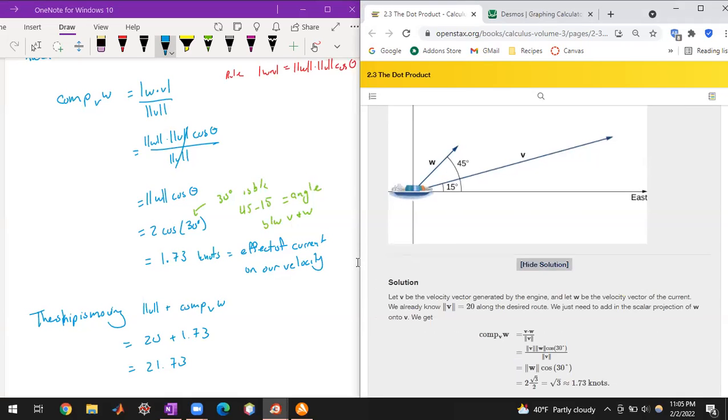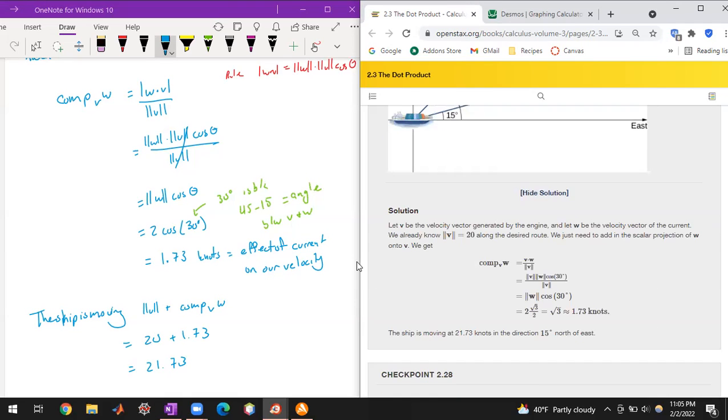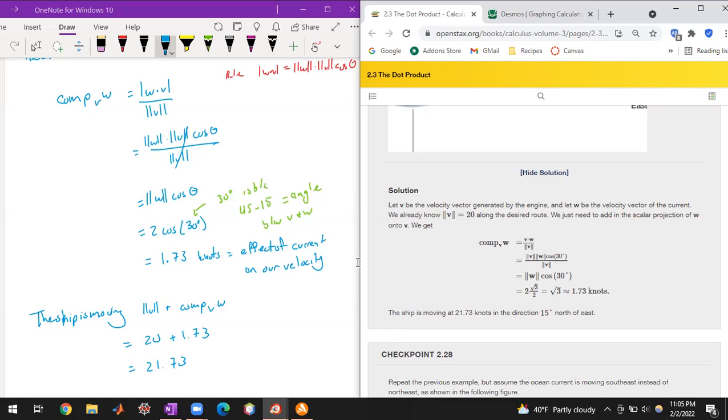Let's check our answer. We know that the magnitude of V is 20. We're calculating the component of W onto V, doing that translation from our dot product into our product of magnitudes times cosine of the angle between them. There we have our cosine of 30, 1.73 knots. So a total answer of 21.73.